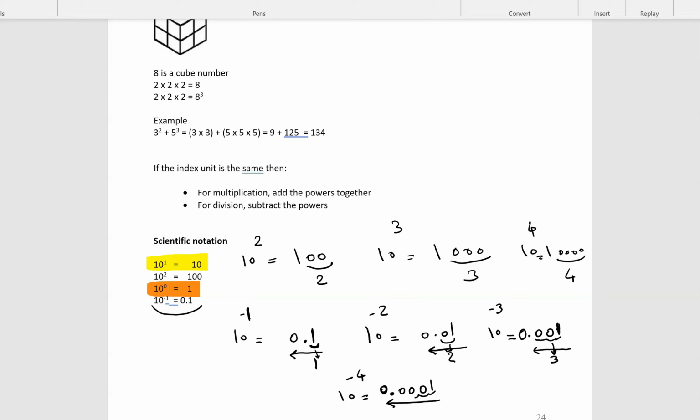So 1 2 3 4, it's 4 to the left. 10 to the power of minus 5, you put 1, first digit, and then second 0, third, fourth, and fifth, and then put the dot point. It's 5, so it should be moved to the left.